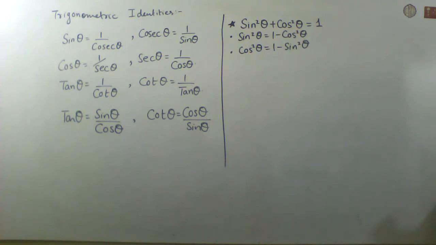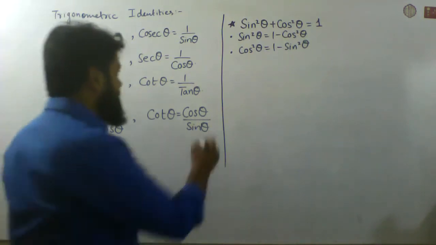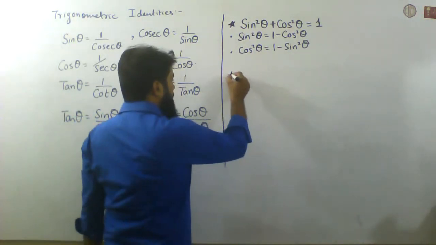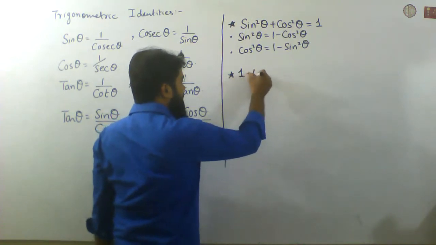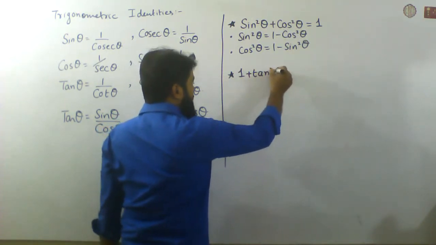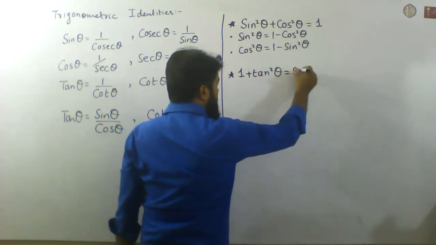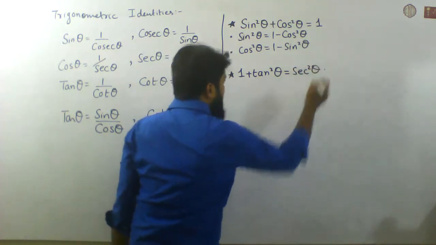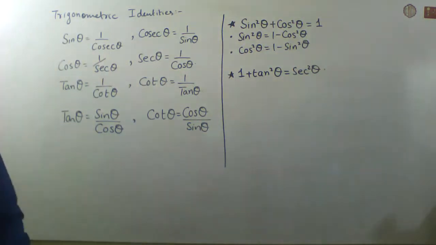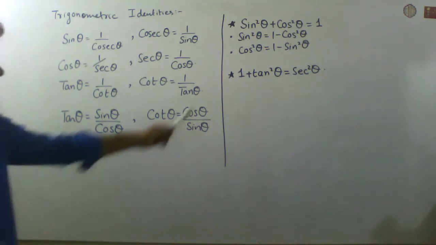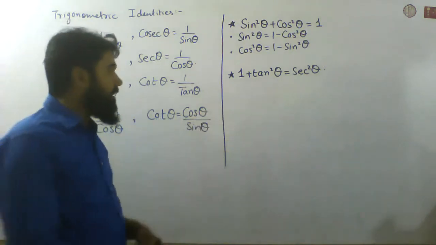Okay, the second one which we have got is 1 plus tan square theta equals sec square theta. That is another squaring identity.